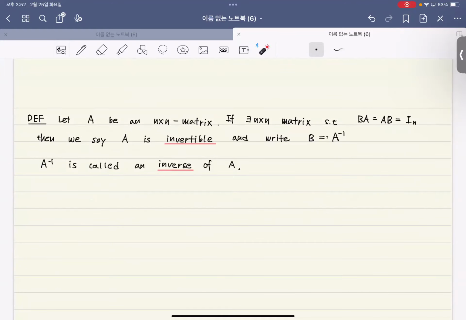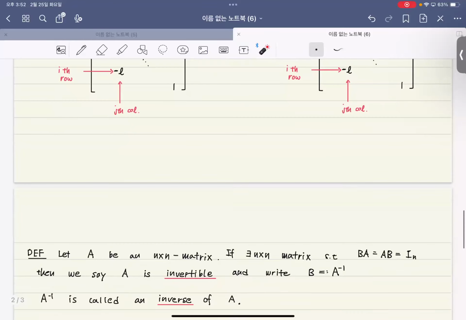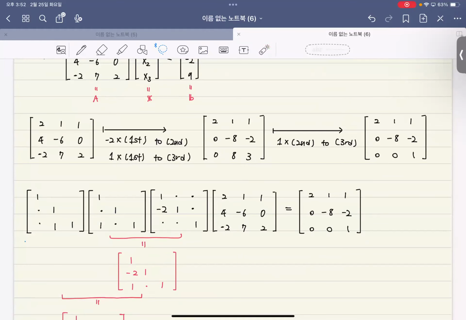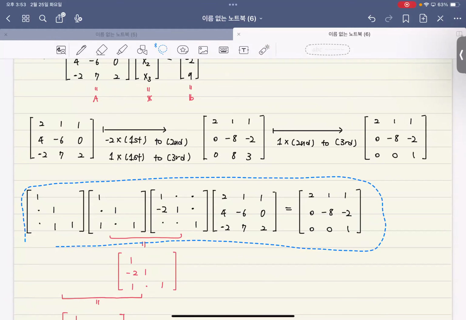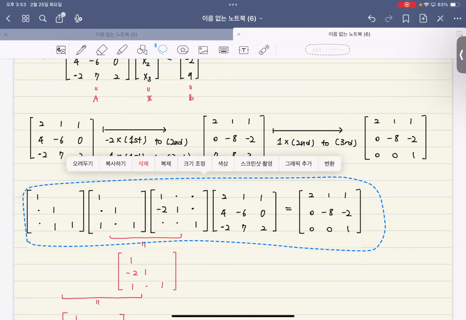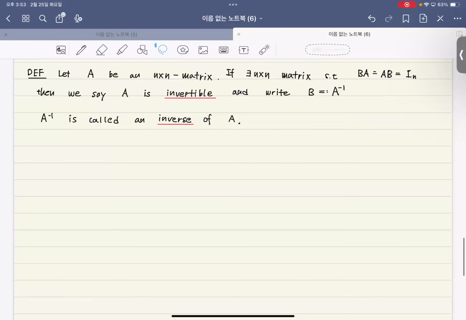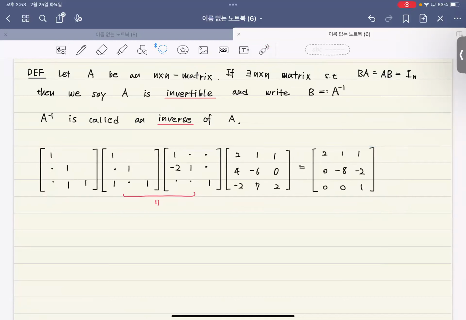Now, why am I interested in the inverse matrix at this point? Let me just go back to this. This was my original matrix A. And I will denote this matrix by U. Clearly, U stands for the upper triangular matrix.